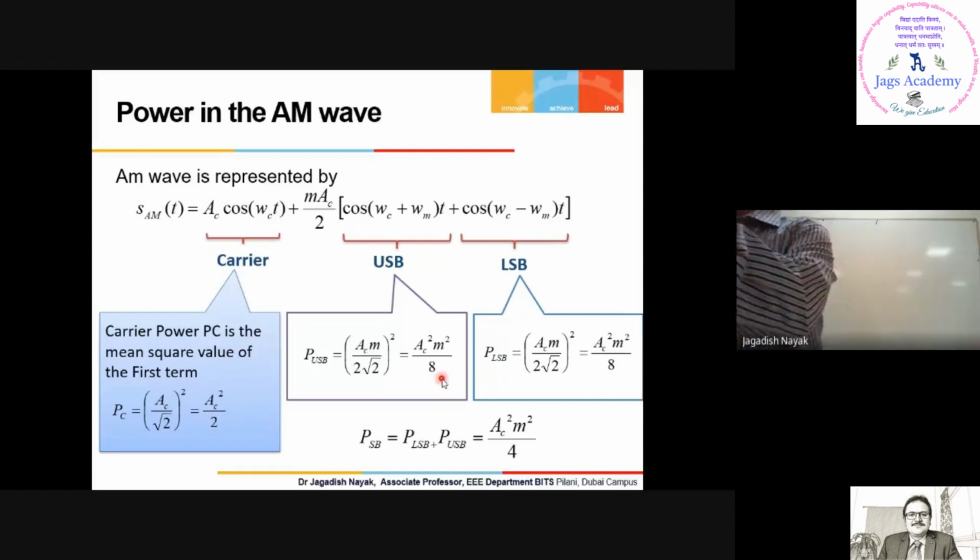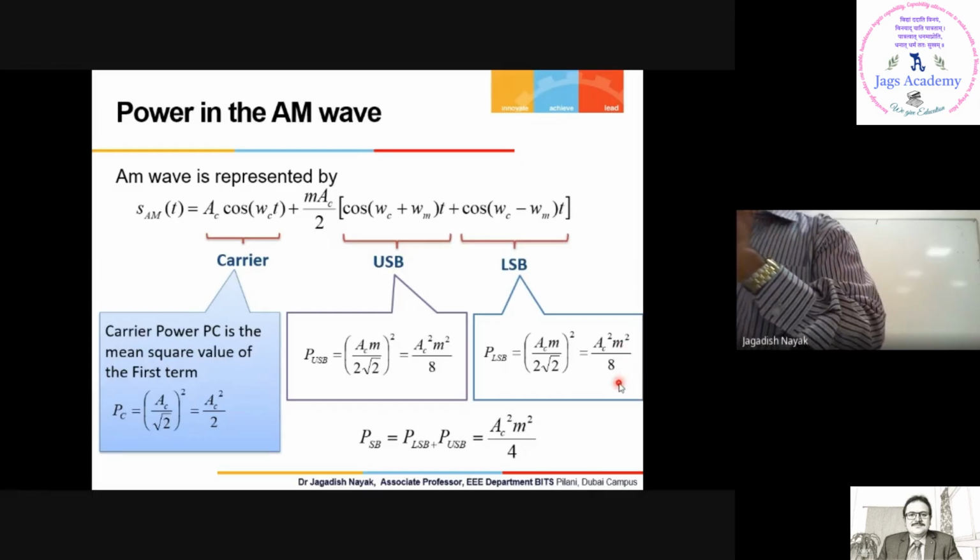Hope you are understanding. Now, power in the upper sideband is equal to power in the lower sideband, yes or no? Power in the upper sideband is A_C square m square by 8, and power in the lower sideband is also A_C square m square by 8.